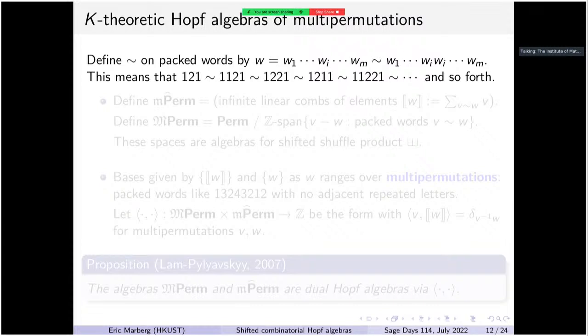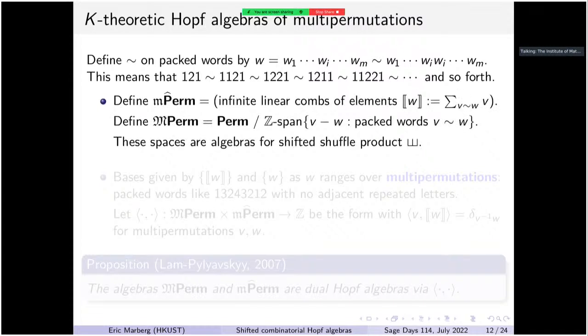To start out, we define this relation on packed words that just lets you duplicate letters. If you start out with 1, 2, 1, you can replace the first 1 by 2 1s, or the 2 by 2 2s, or the last 1 by 2 1s, and so forth. You can just expand out these words. Or conversely, if you take any word, you can condense it: whenever you have 2 equal letters, you can replace them by just 1.